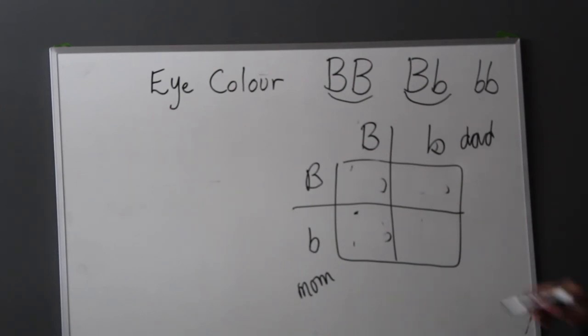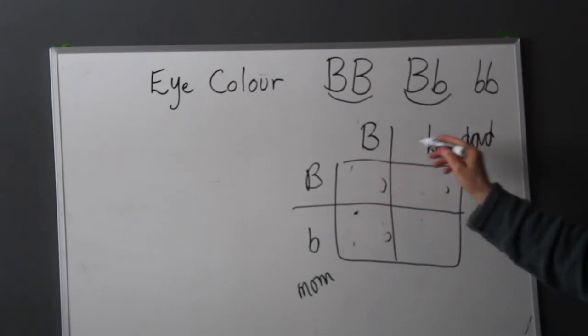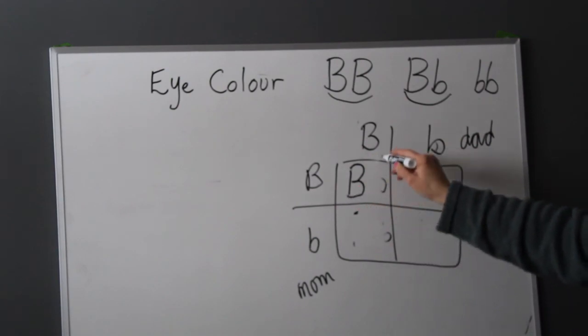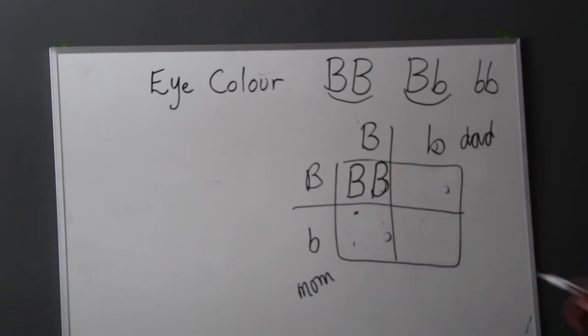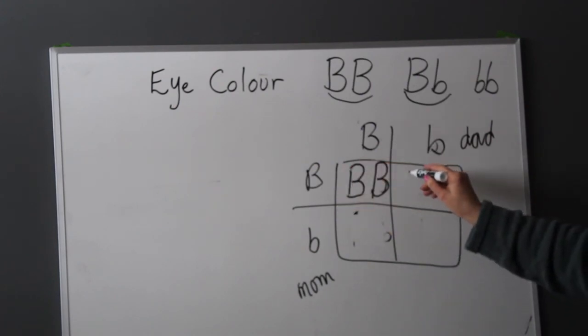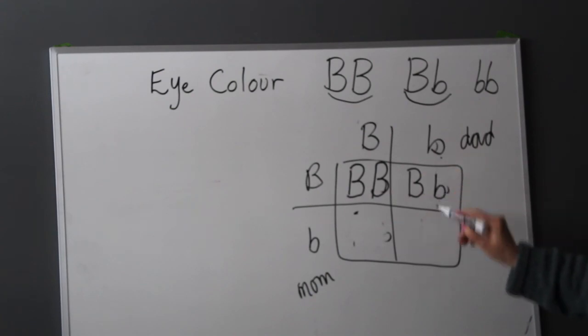Okay, so first of all, let's say Dad is going to give a big B here for brown eyes, and so is Mom. So this offspring is going to be heterozygous dominant for brown eyes. Now here, Mom is giving a big B, but Dad's giving a little b. This person still has brown eyes, but we would call them heterozygous.